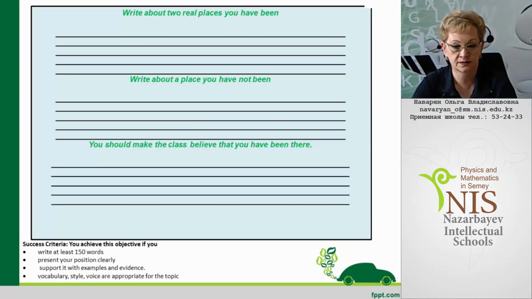Here is the task. It may look like this. And do not forget about success criteria. You can also give the students the chance to assess by themselves, or like a peer assessment.